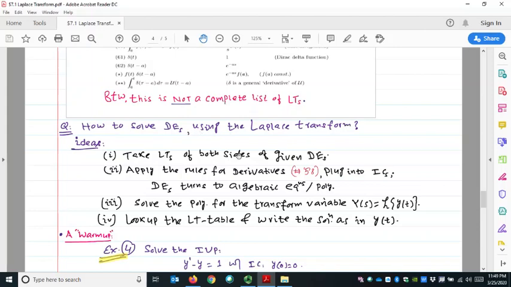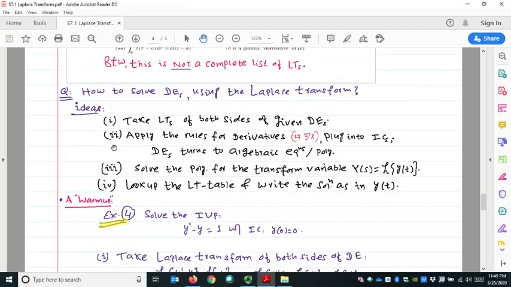The question you may ask yourself: how do we solve differential equations using the Laplace transform? So the idea here: first, take the Laplace transform of both sides of the given differential equation. Idea number 2, apply the rules for derivatives, either first derivatives or second derivatives, and plug in the initial conditions.